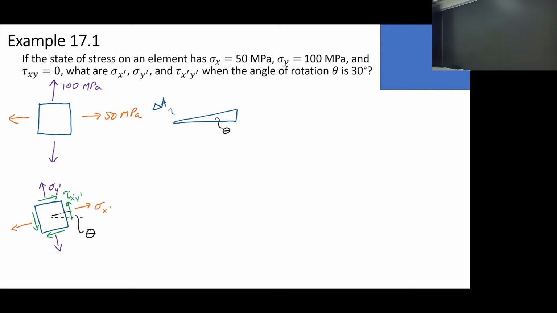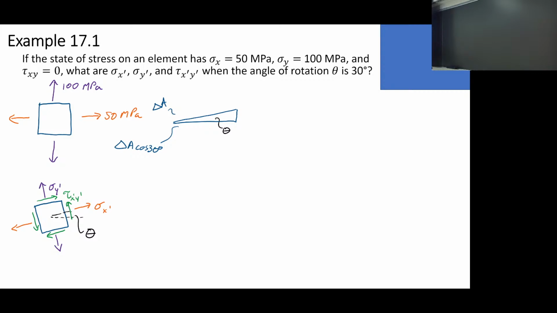Okay, so this is the same kind of thing. We're now trying to figure out what sigma y prime is for this rotation. So we cut this triangle so that we have a delta A that is essentially the y prime face.